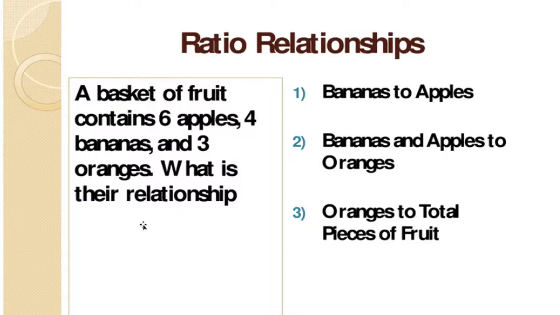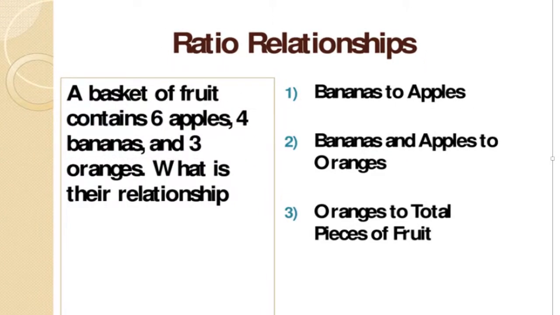What is their relationship? So we've got apples, bananas, and oranges, and then we've got a basket of fruit, all of the fruit. So if there's 6 apples, 4 bananas, and 3 oranges, that means there are 13 pieces of fruit altogether.